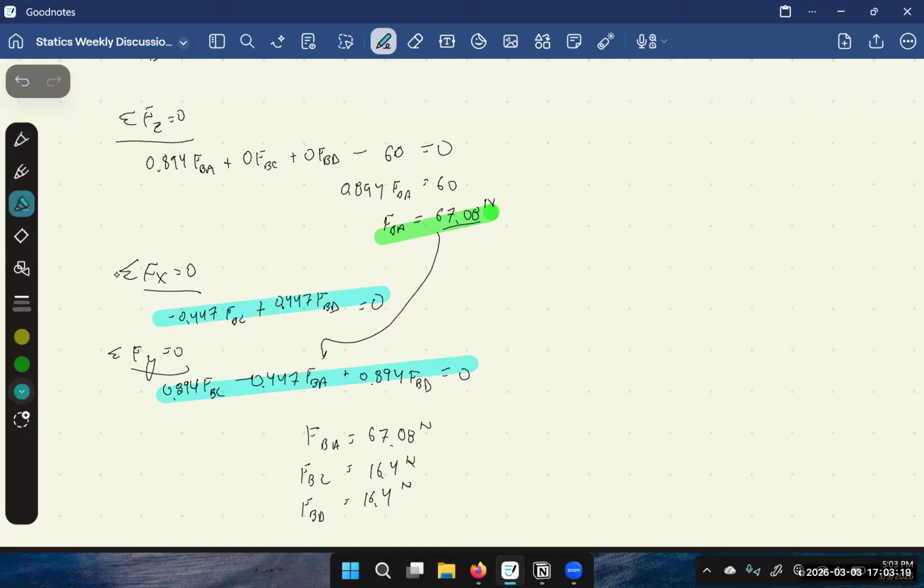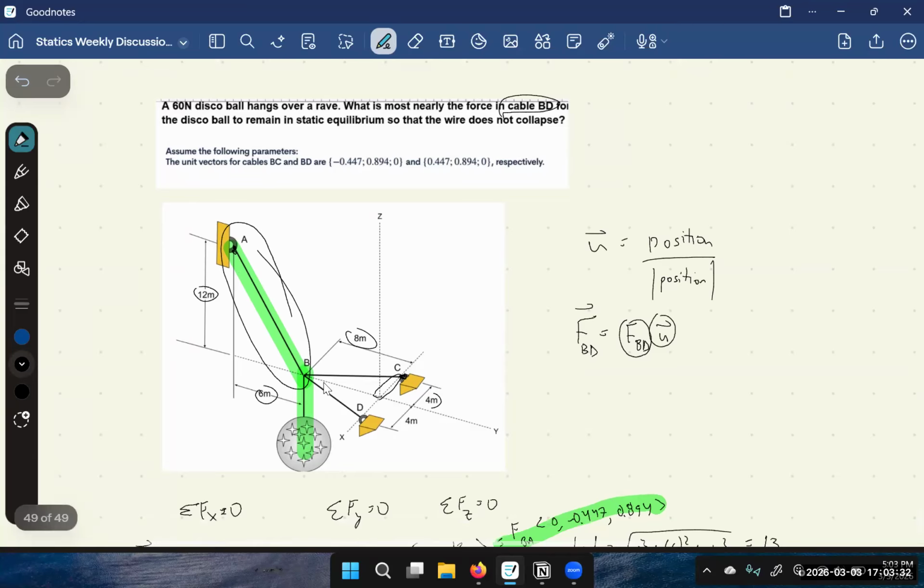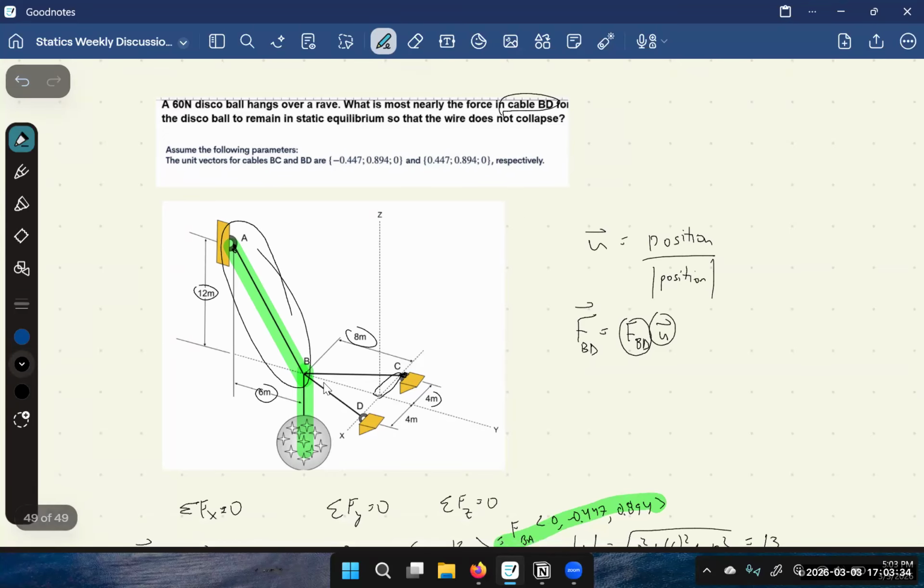So these are your answers here. And let's look at the question again. We have a 60 newton disco ball, we don't know any of these tensions. We were able to do the equilibrium equations and solve with a system of two equations and two unknowns.